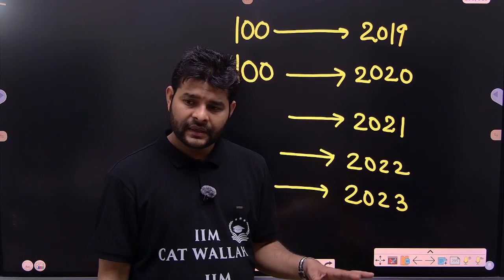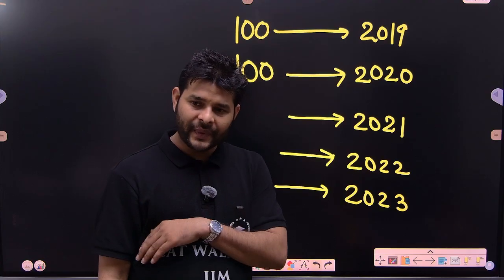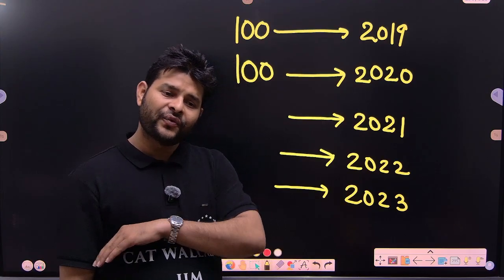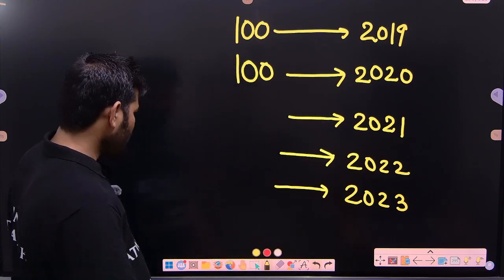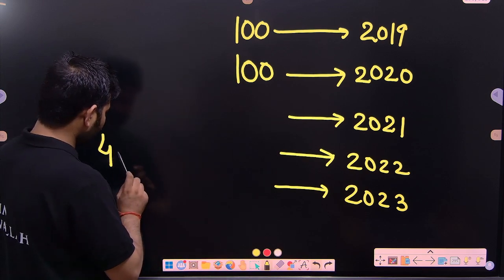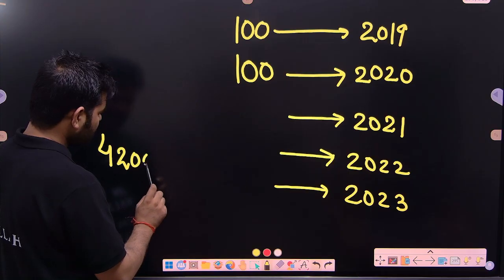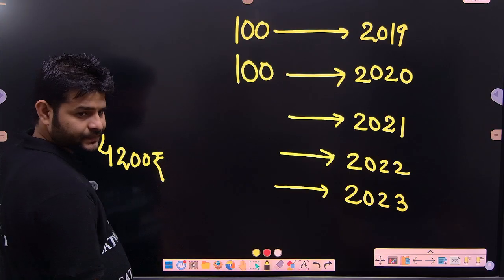And he receives all the amount from the bank at the end of 5 years. And the amount that he has received from the bank is 4200.